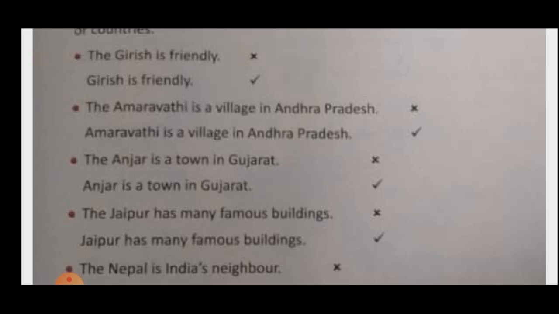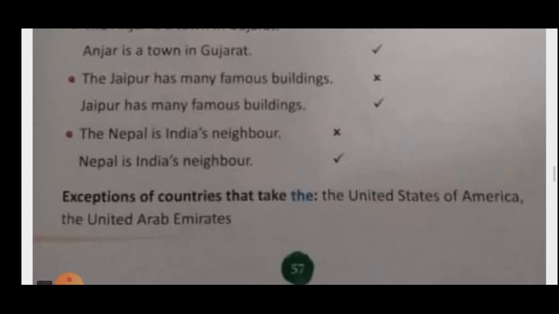Here also you cannot use the article. You have to say Jaipur has many famous buildings because Jaipur is the name of a city. The Nepal is India's neighbor. Here also you cannot use the because Nepal is the name of a country. So there we have to say Nepal is India's neighbor. We do not have to use the article.